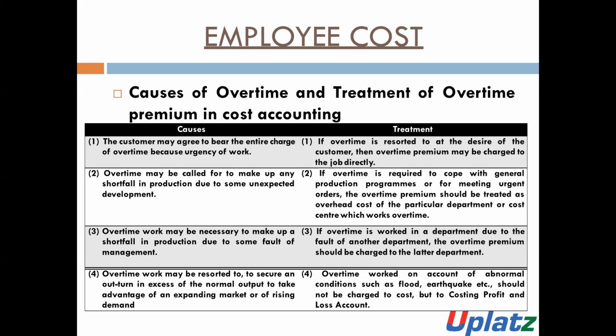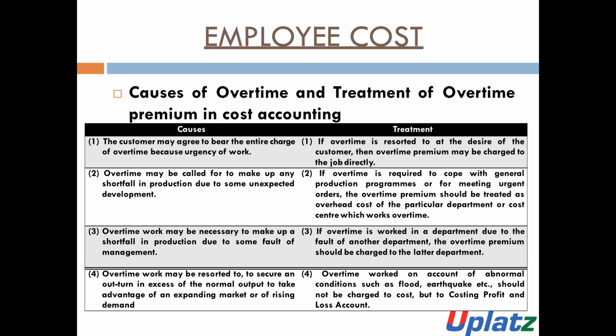In this case, if the overtime is required to cope with a general production program or for meeting an urgent order, then such overtime should be treated as overhead cost of the particular department or of the particular cost center.